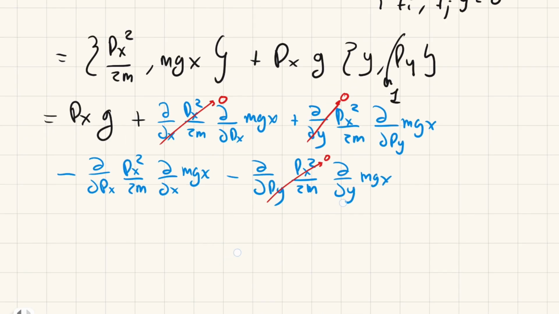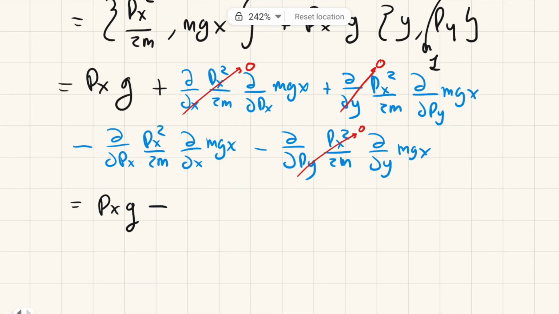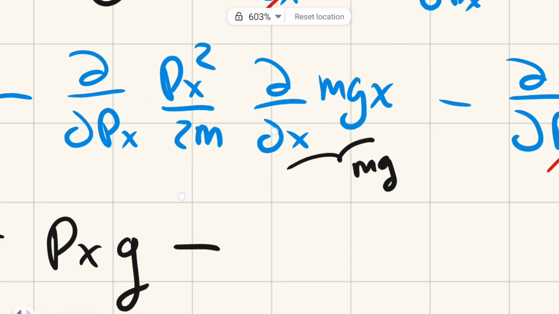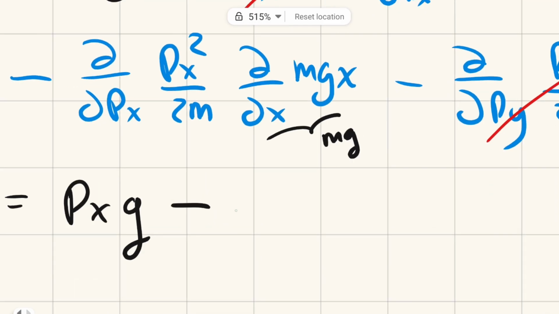Okay, so we get that this is pxg minus, and here notice that we will get from here an mg, and from here we are going to get 2px divided by 2m, which is px divided by m. So that is px divided by m, mg.